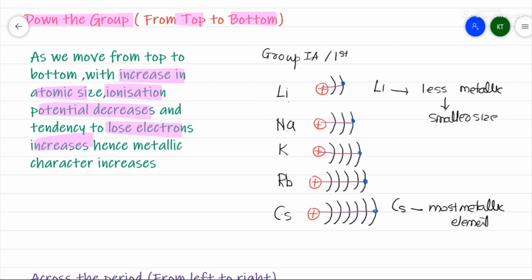So cesium is the most metallic element, although francium is there, but francium is radioactive, so do not consider that.